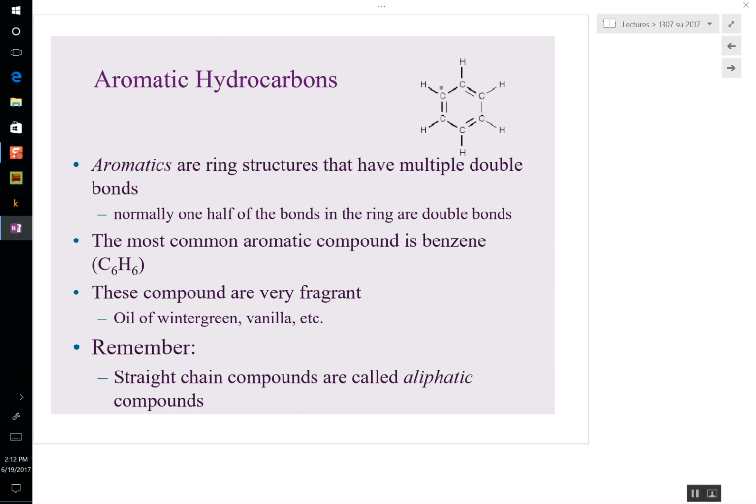It's just, I think, a fancy word for alternating double bonds. There were molecules like this that had different aromas, different fragrances, aromaticity. So they said, well, these are aromatic compounds, so they got to be referred to as aromatics.